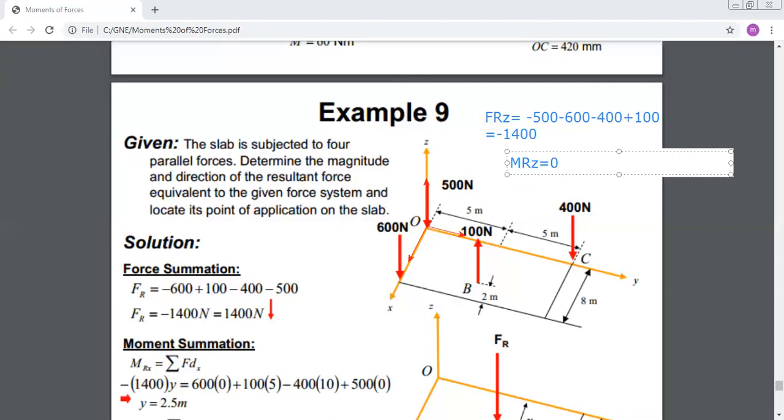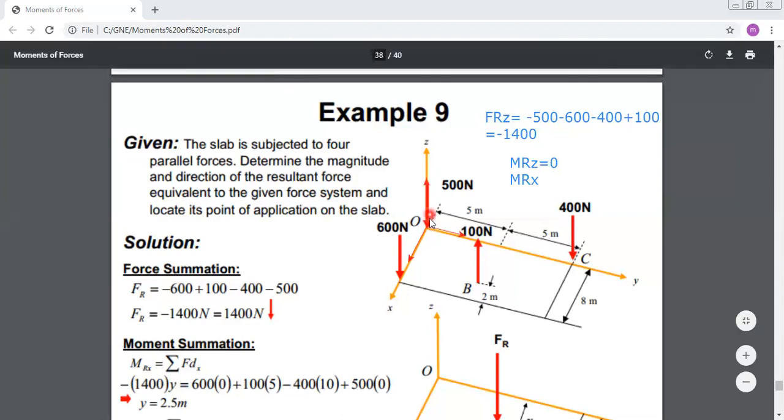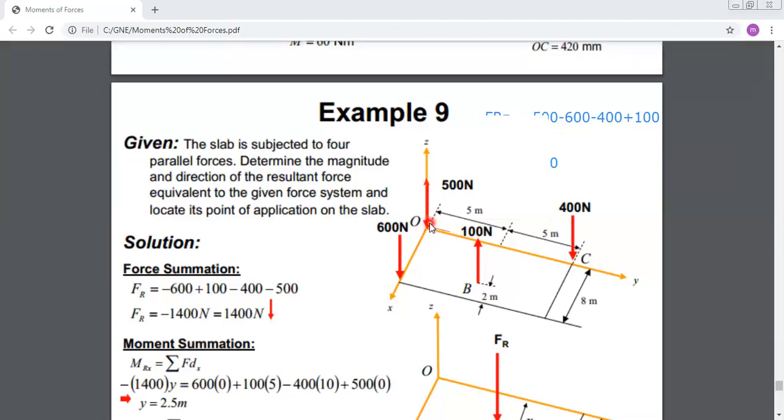Okay? Now, if I want to find the resultant moment along X, M resultant along X. First, if I look at my figure, I have the 500 Newton force is passing by X-axis, so it cannot produce any moment about X. Okay? You have the 600 Newton force also passing by X, so it cannot produce also a moment about X. You only have the moment created by the 100 Newton force and the 400 Newton force.